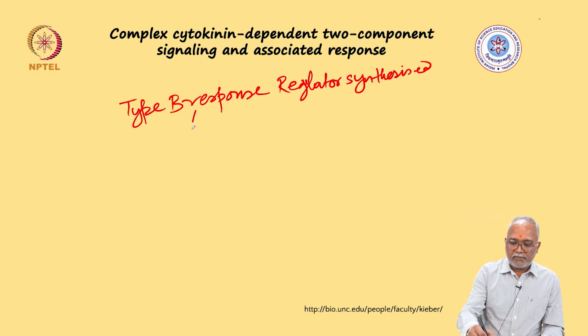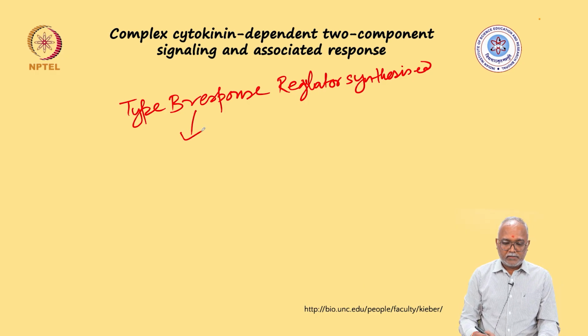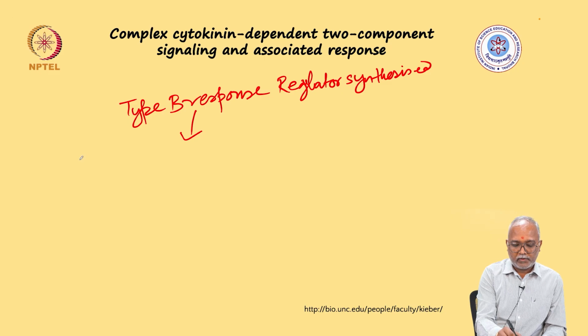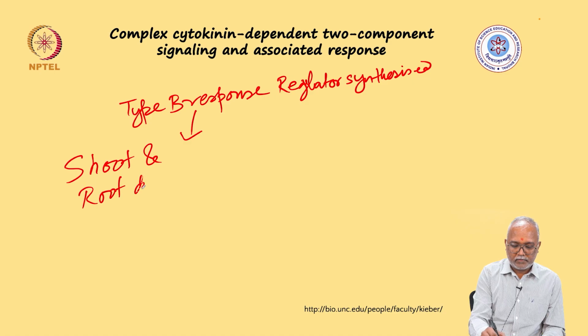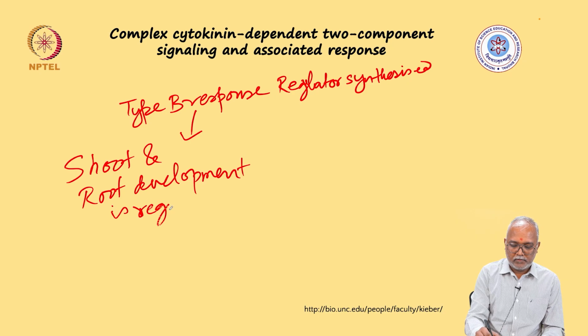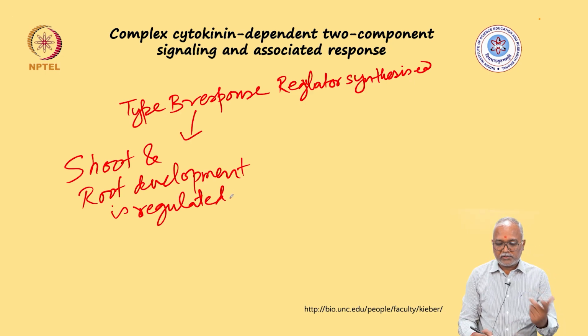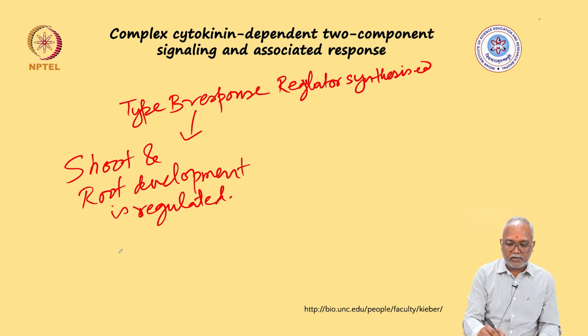Now what they will do, they will engage in various activities, the activities which will ensure that shoot and root development is regulated. So the transcription which happened will affect the shoot and root development.